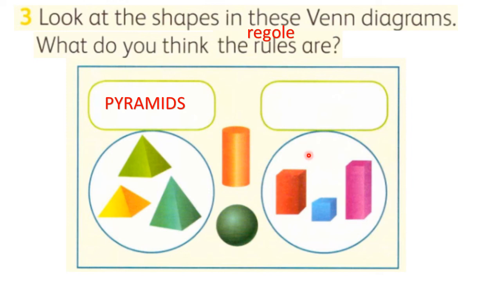Remember, a cuboid has 6 faces, and the cube has 6 faces. So the rule is shapes with 6 faces. A cylinder is not a pyramid, and it has 3 faces, so it's outside. And also a sphere is not a pyramid, and it has 1 face, and so it's outside too.